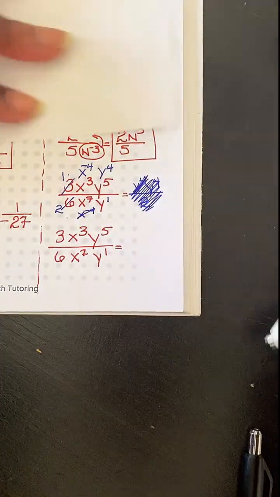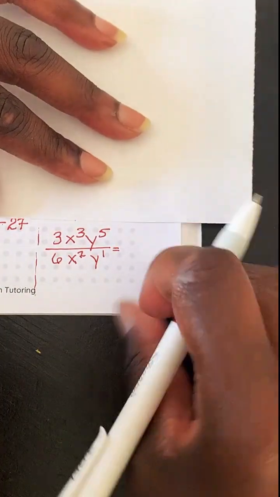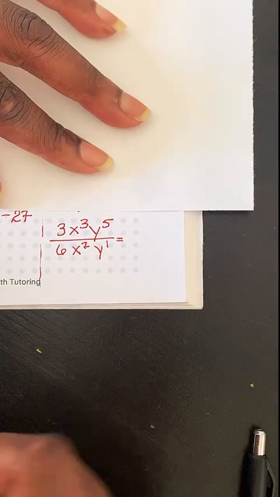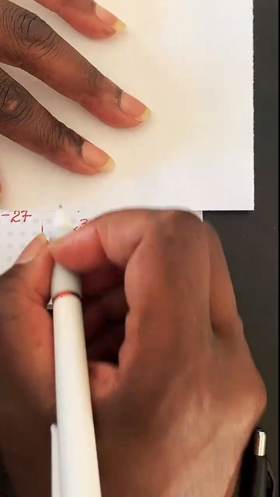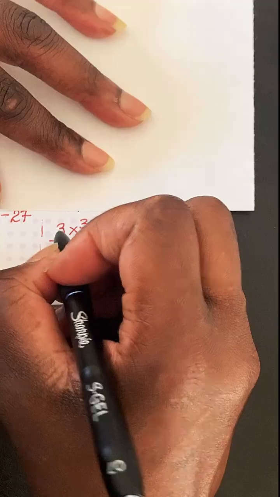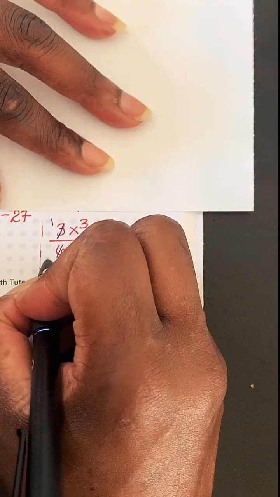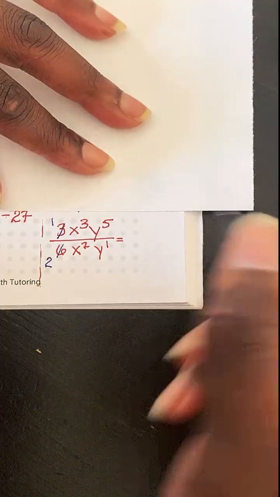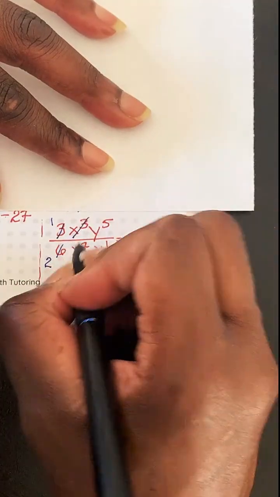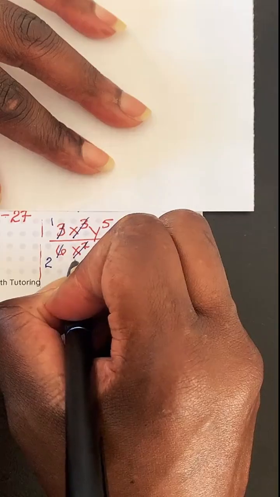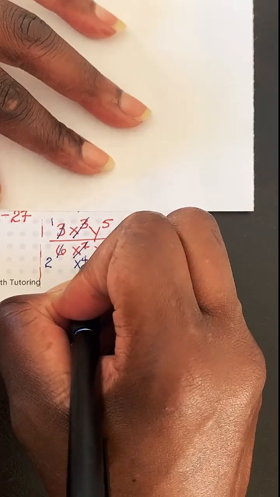Okay. So we'll start again. We understand this is going to be 1, and this is going to be 2. There's 3 x's here. There's 7 x's there. So this should be x to the 4th.